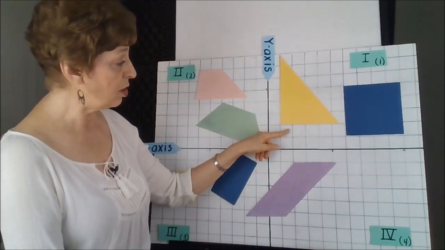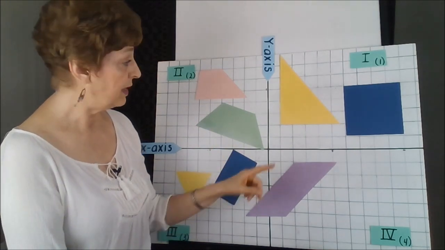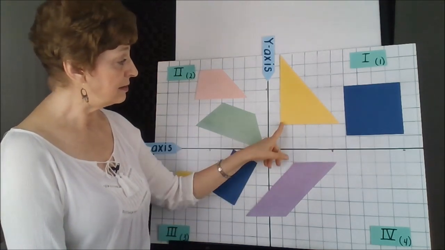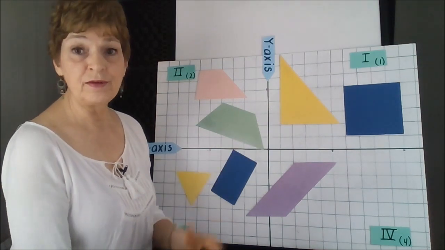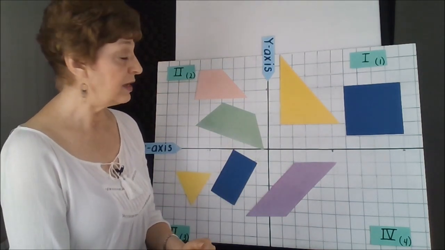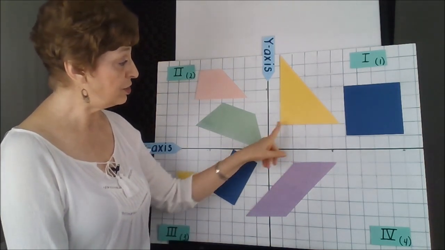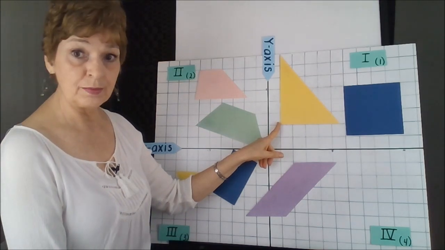So these two slopes should have opposite reciprocal slopes. And using the endpoints, you could fit that into those formulas that talk about the slope and actually prove that these two lines are perpendicular.